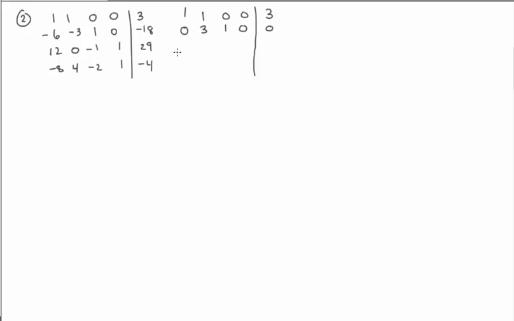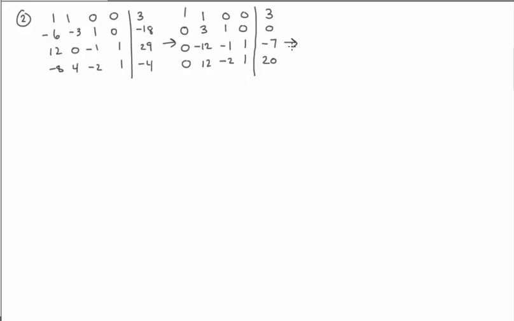For the next one, it's by -12 add, so 0, -12, -1, 1, -7. And for the last one, it's by +8 add, so it's going to be 0, 12, -2, 1, 20.